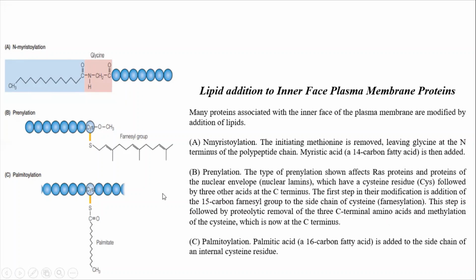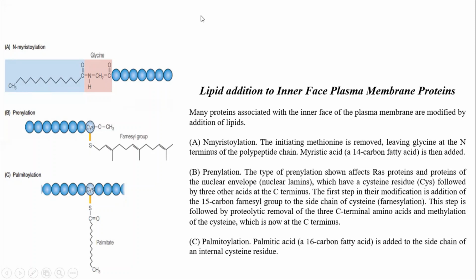So what it is saying is prenylation means you add a 15 carbon farnesyl group to the cysteine residue, okay? And then the 3 amino acids here are removed and it is methylated. So this is how the entire protein gets inserted into the inner nuclear membrane.